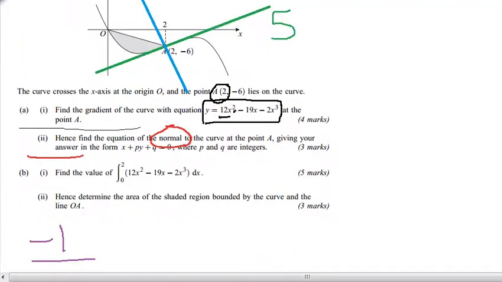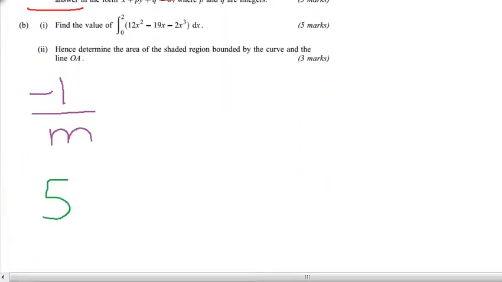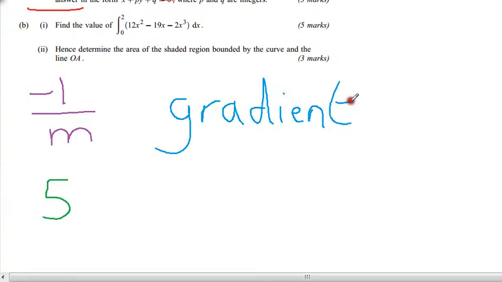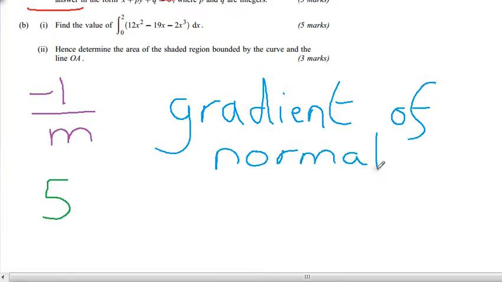And the way we do that, the gradient of the normal is going to be minus 1 over 5.